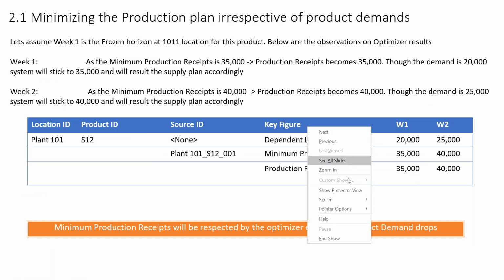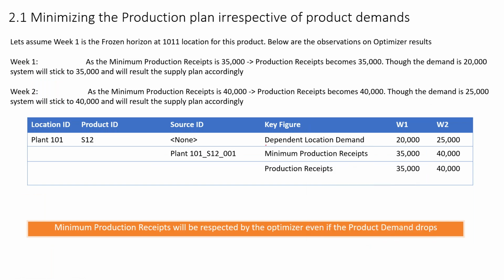Now there is this key figure called dependent location demand, which is an output of the optimizer, which says how much demand location 101 has on week one, and on which location this depends, according to its connected network. If plant 101 is connected to warehouse 1, and then to warehouse 2 and warehouse 3, all these three warehouses will push some demand onto plant 101 for this product S102.